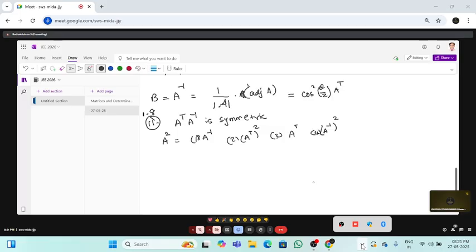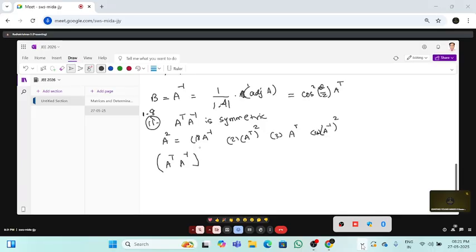Okay, so let me write a few steps and continue from there. A transpose into A inverse is symmetric. What does it mean? What is the definition of a symmetric matrix?